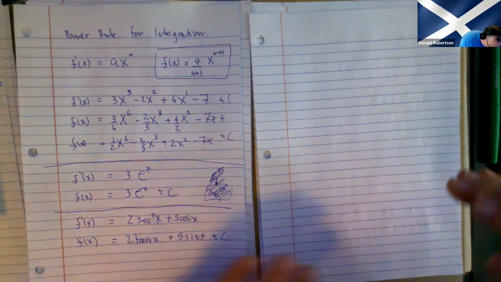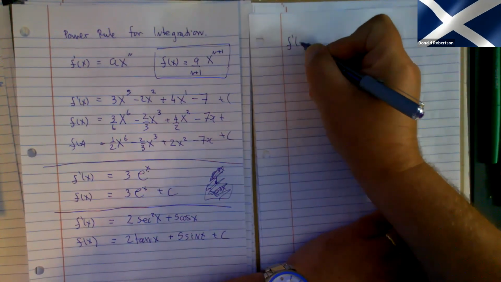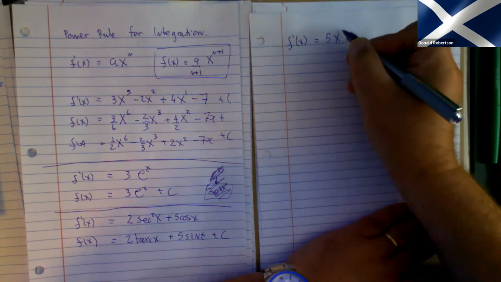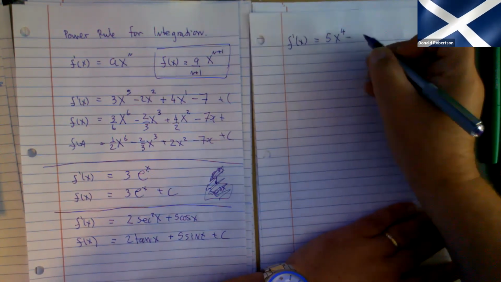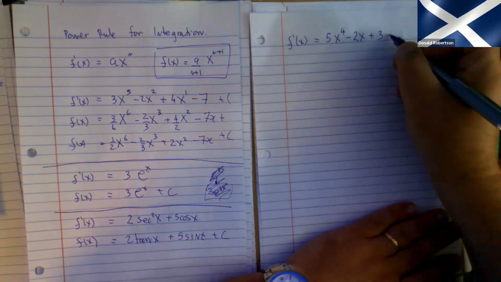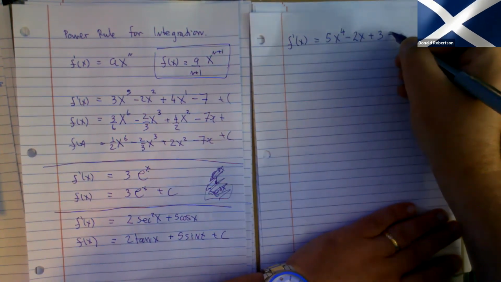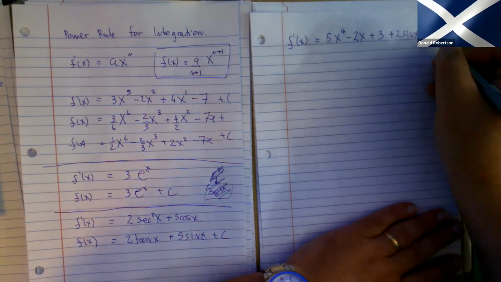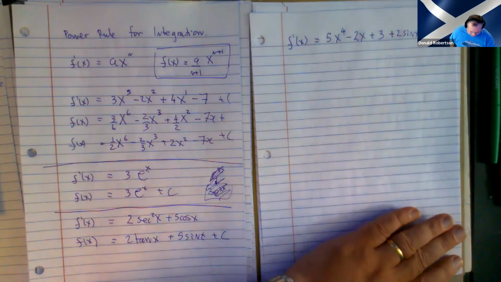Okay, let's put everything together in a package. I want to do 5x to the 4, take away 2x plus 3, plus 2 sine x minus 3 e to the x.